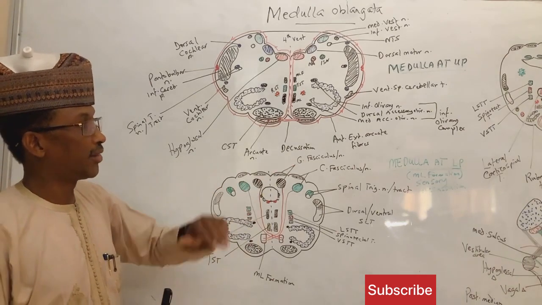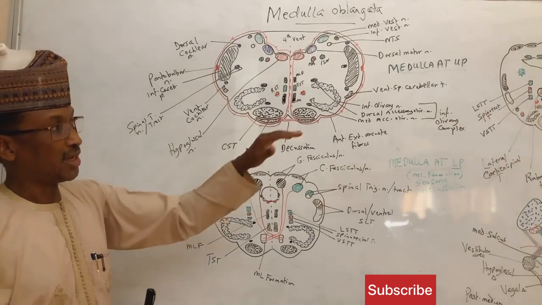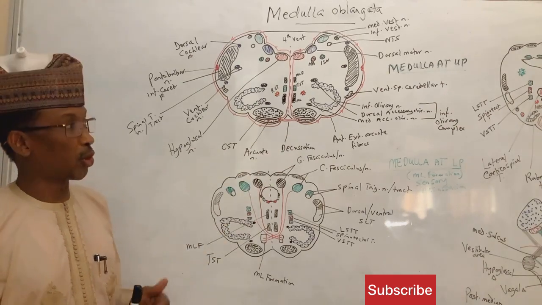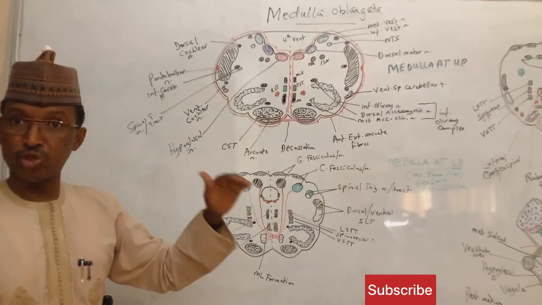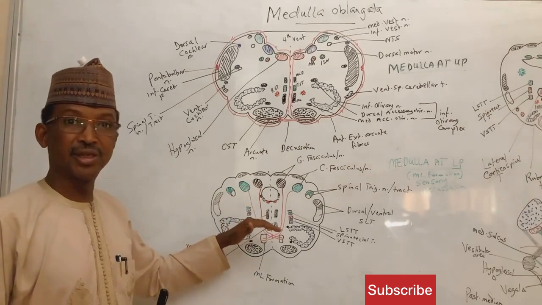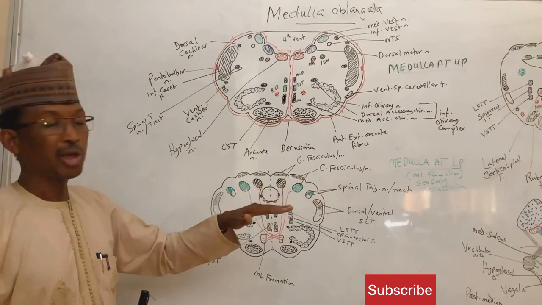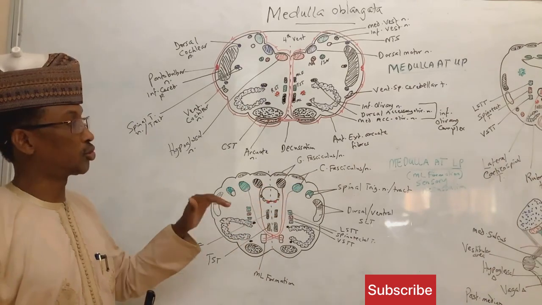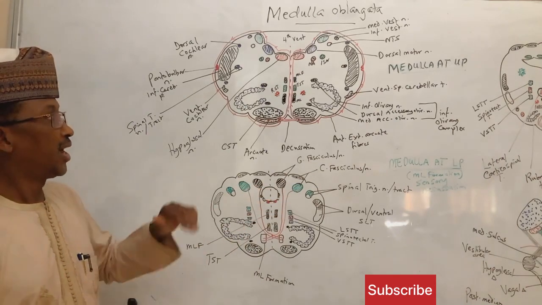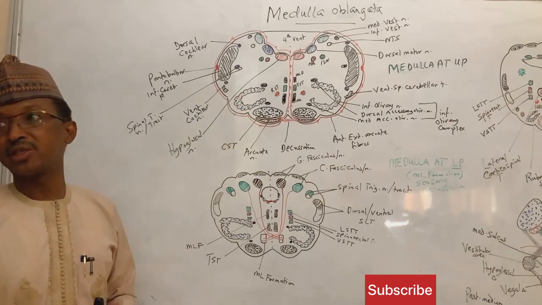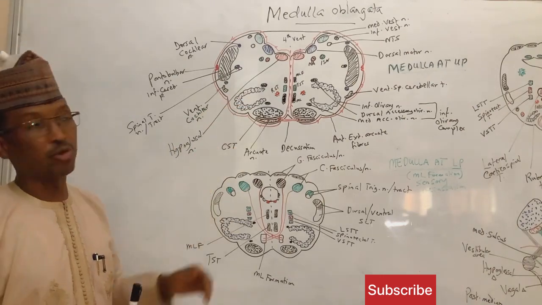The other one, at the level of the closed part of the medulla, is that of the pyramidal decussation, that is the motor decussation. So we have both sensory and motor decussation, and at these levels of the medulla, you make sections and then you see the difference between the 2 internal structures, and then you also compare them with the structure of the medulla at the open part of it.